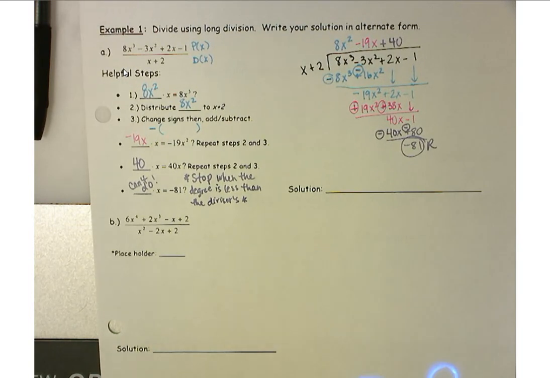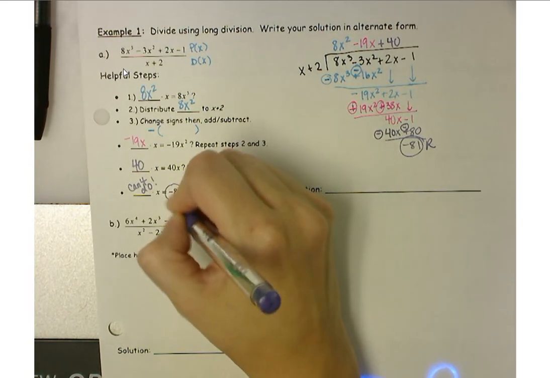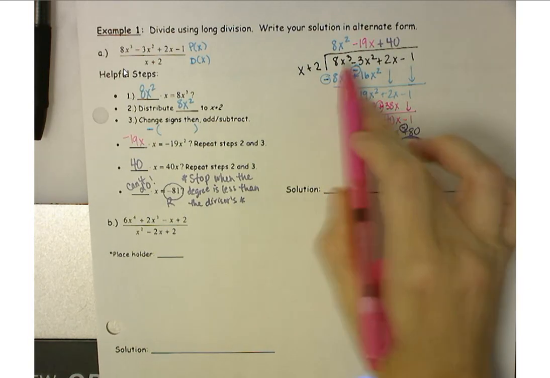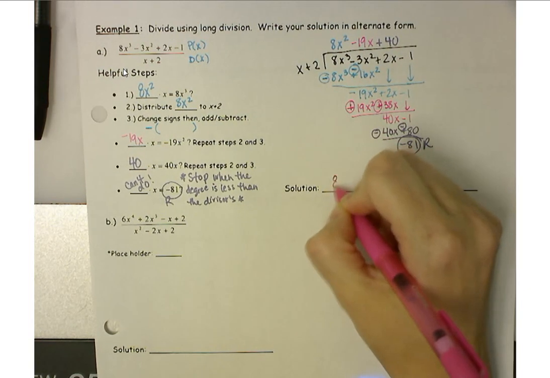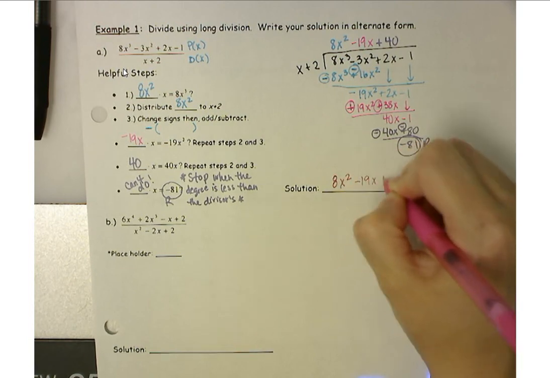And then you are going to write your solution in alternate form. Okay, so negative 81 became our remainder. So if I'm going to write that in alternate form, I'm going to take my quotient, which is 8x squared minus 19x plus 40.